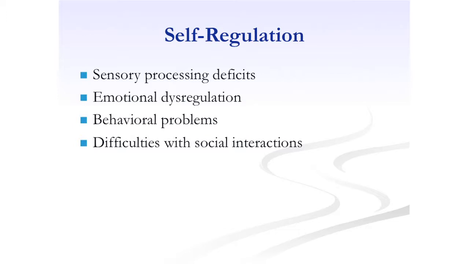Self-regulation difficulties also affect emotional regulation. And of course, when you have emotional dysregulation, you get into behavior problems and difficulties with social interactions. Young people and adolescents with prenatal alcohol exposure are not antisocial. They want friends, but they have difficulty interpreting social stimuli, so they don't quite know what is meant by certain facial expressions.